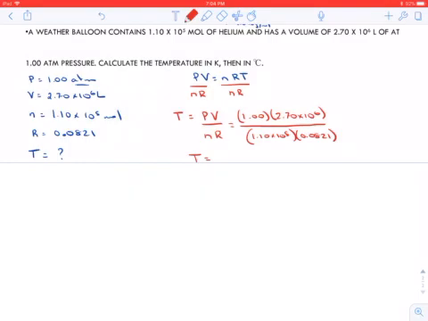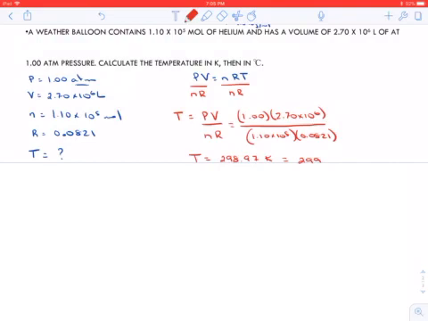So 1 times 2.70 times 10 to the 6th divided by 1.10 times 10 to the 5th, and divide by 0.0821. We should get 298.97, and that's our temperature in Kelvin.